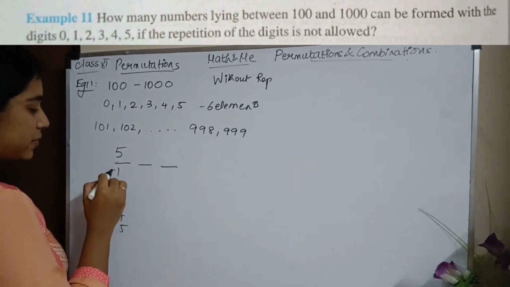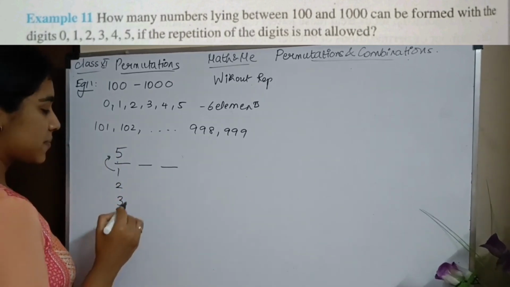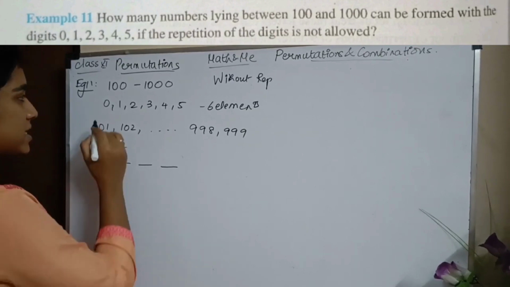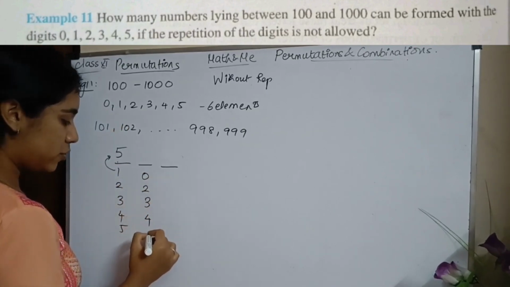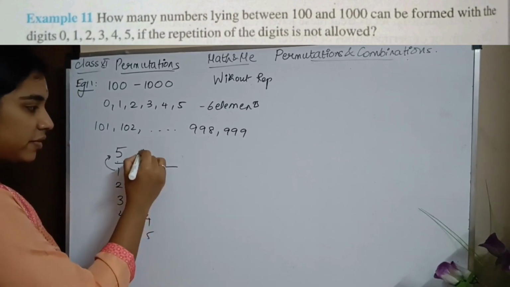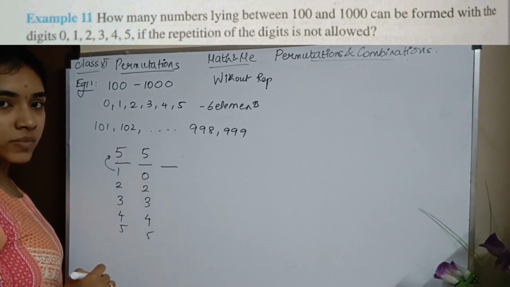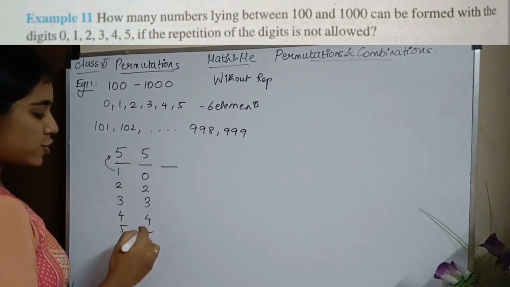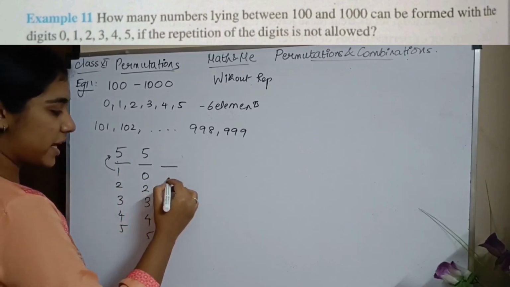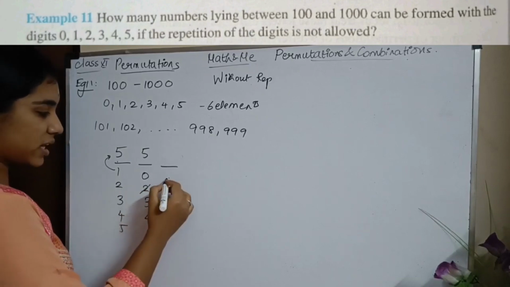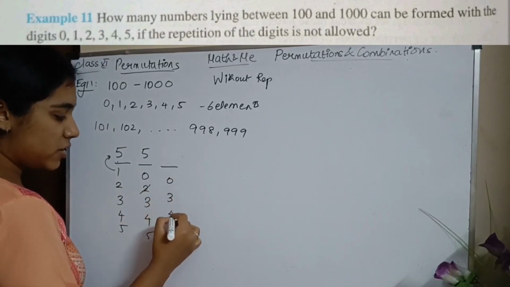For example, if number 1 is taken in my first place, what are the options for my second place? 0 has not been taken yet. So I'll have 0 2 3 4 5. So again I have 5 options. Correct? So here I have used one of these 5 numbers. So what is remaining for my last place? I have 4 options. For example, if 2 is taken, I have 0 3 4 and 5.